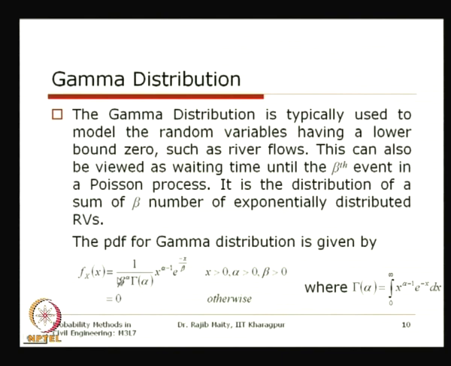So 1 by beta, and x power 1 minus 1 will vanish, this will be 1. So e power minus x by beta. In the exponential distribution we discussed lambda e power minus lambda x. If we put lambda equals 1 by beta here, we get the same form of the exponential distribution from this gamma distribution.